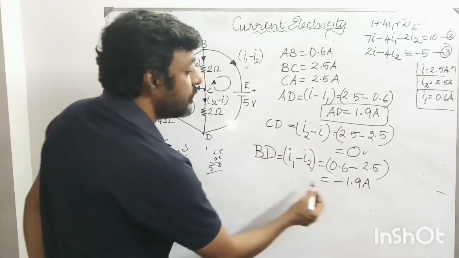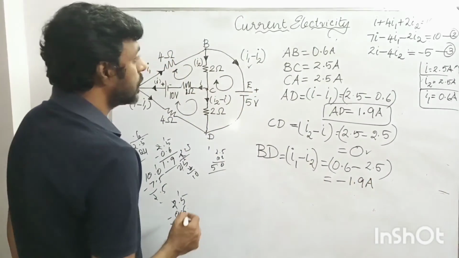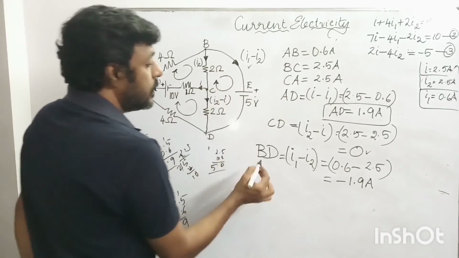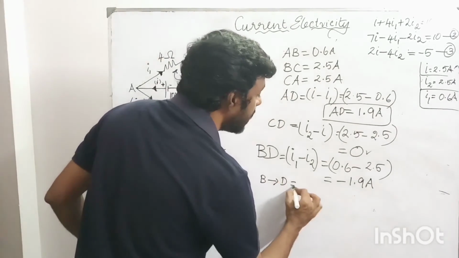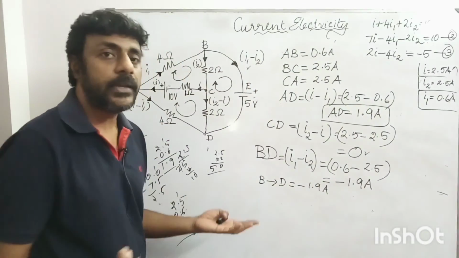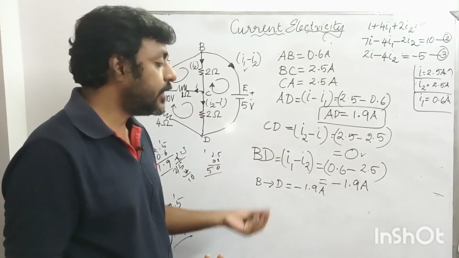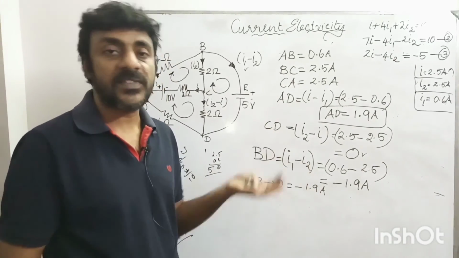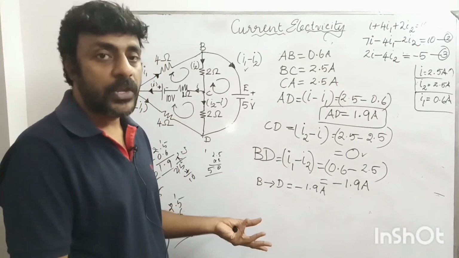So the value of the current is minus 1.9 from B to D. We usually don't get the value of current in negative values. We usually get a positive value: 5 amps, 6 amps, 7 amps, 1.9 amps, 1.8 amps, all are positive values of electric current.